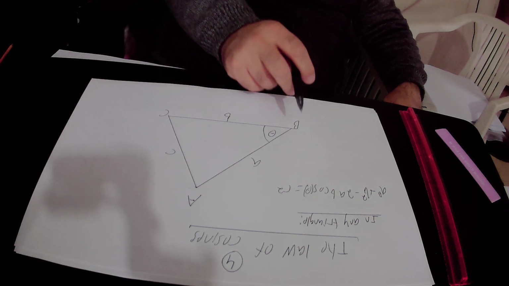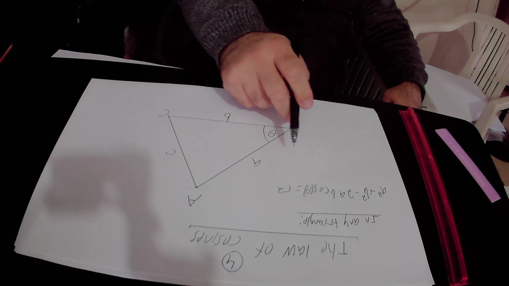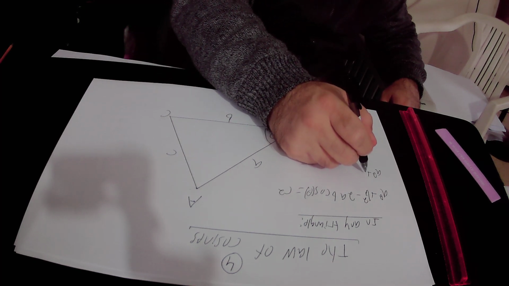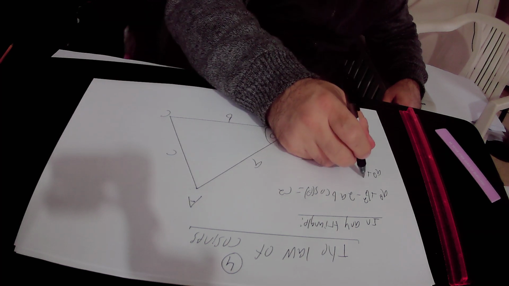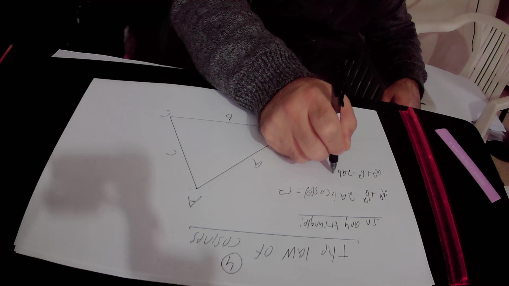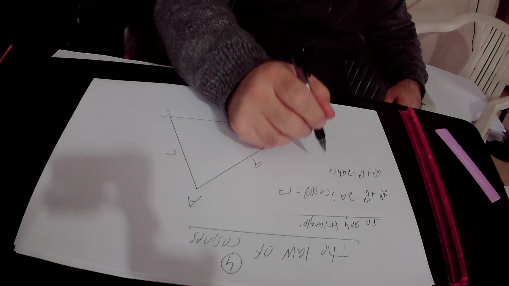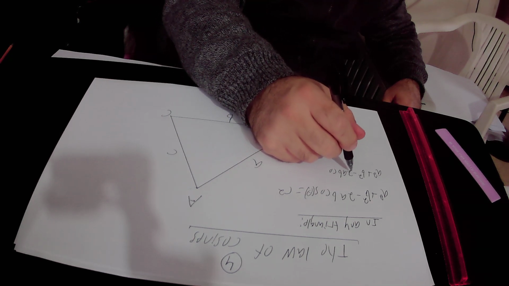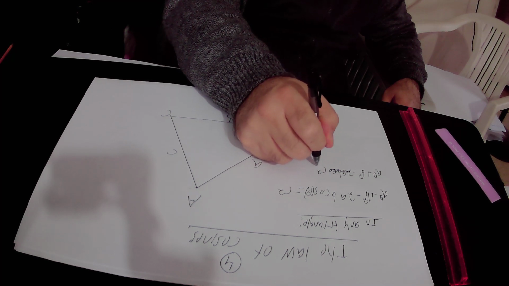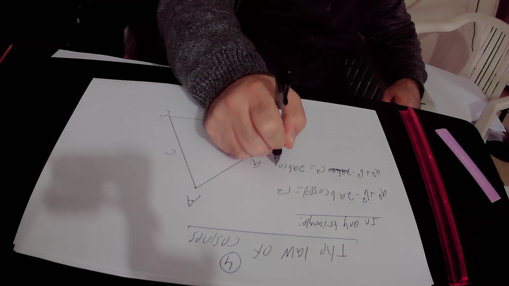Here we will subtract C square and add 2AB cosine theta to this equation, and we will get that A square plus B square minus C square equals 2 times A times B cosine theta.